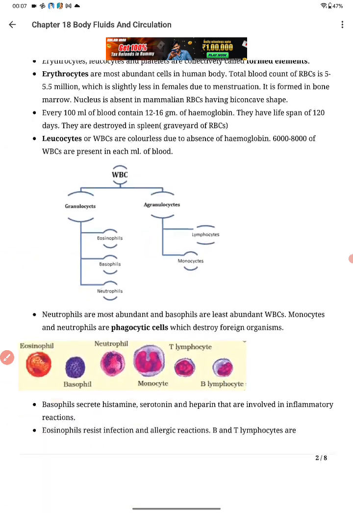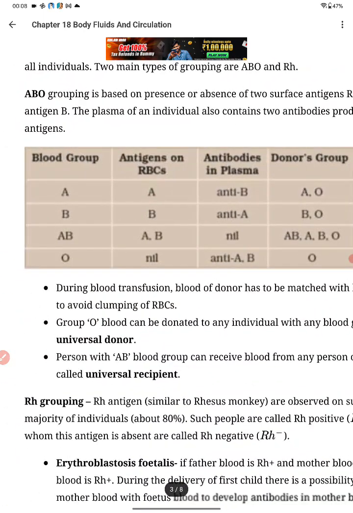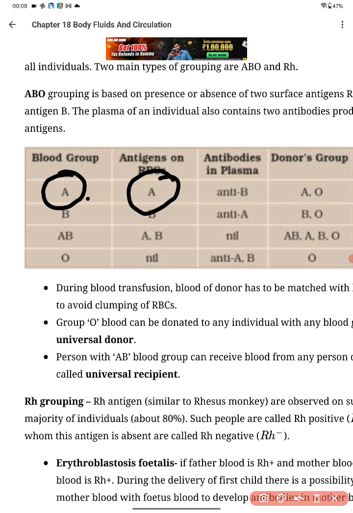Now let's go to this table. If you have A blood group, then you have A antigen on your RBC and anti-B antibodies. If you have A, you will have anti-B. This is on plasma, this is on RBC.